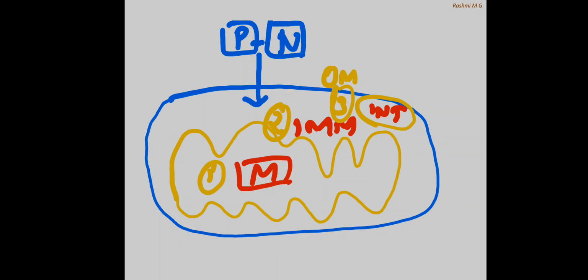After entering, the protein having this N-terminal cleavable targeting sequence is cleaved with the help of MPP, that is mitochondrial processing peptidase, which resides within the matrix.